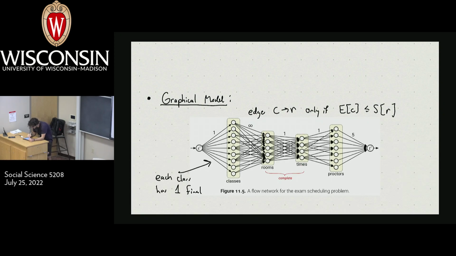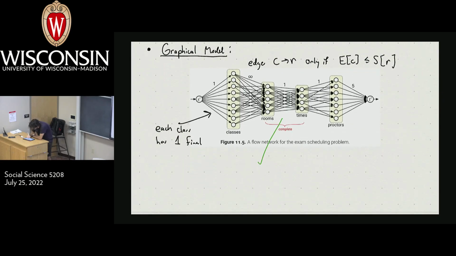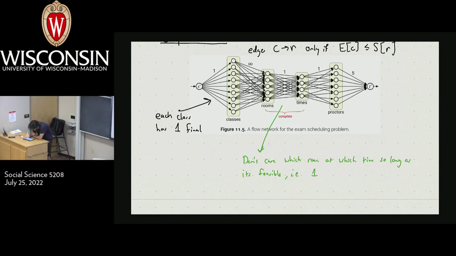Now for rooms and times, each room can be assigned exactly 1 time. You can't have multiple classes in the same room at the same time. And you also can't have one exam split between 2 times. You don't want to move rooms mid-exam. So that's what this 1 is indicating here. So it says, we don't care which room gets which time. And so there's all possible edges, so long as it's feasible, i.e., 1 exam per room per time.